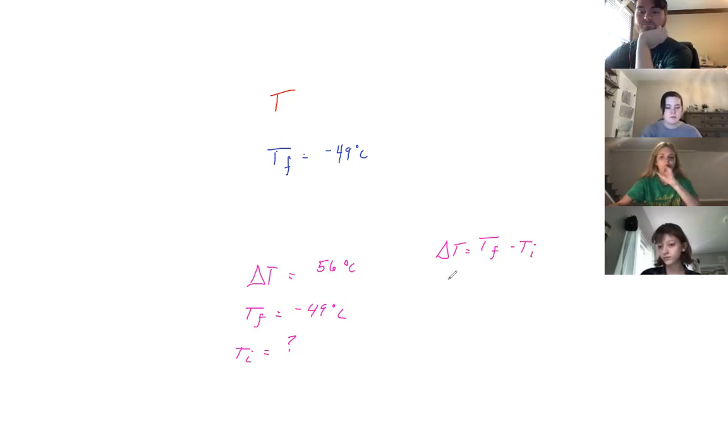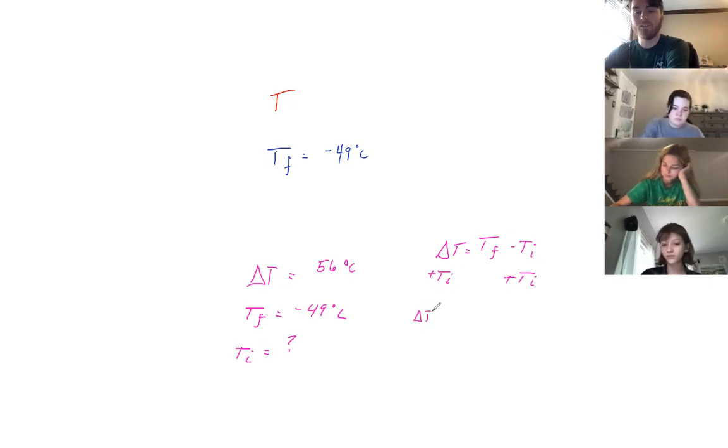Change in temperature divided by temperature final. Is it divided if it's subtracted? I meant subtracted. You're right. So here's what I'm going to do: I'm going to add temperature initial to both sides first, just because I don't like negative numbers, and that sounds annoying. So I'm going to do change in temperature plus temperature initial is equal to my temperature final.